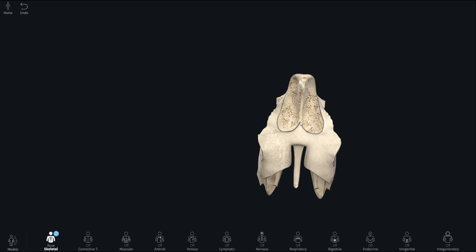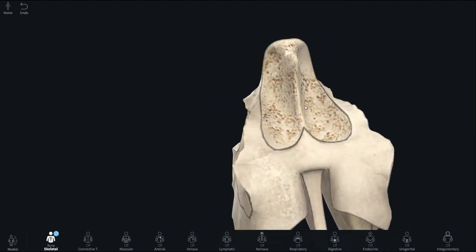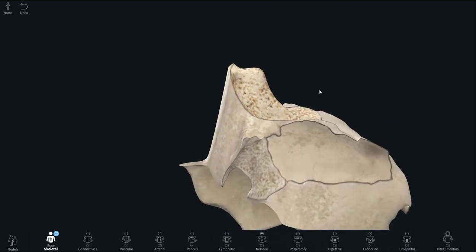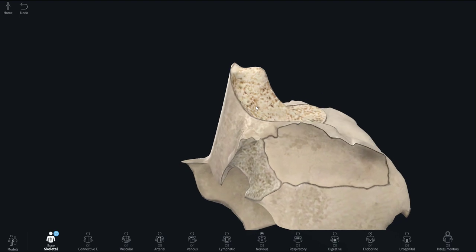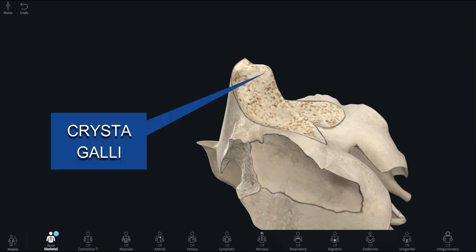So now we have a basic idea of this cribriform plate, this lateral labyrinth, the perpendicular plate, and just one more thing, try to grasp this. Do you see this elevated ridge over here? This is what we call the crista galli. The crista galli.